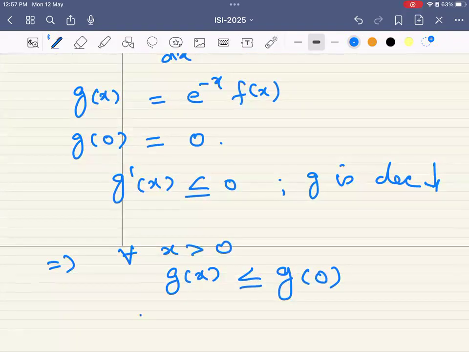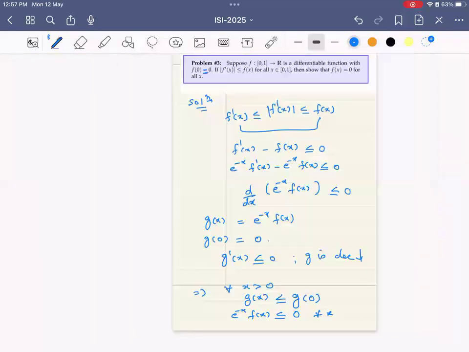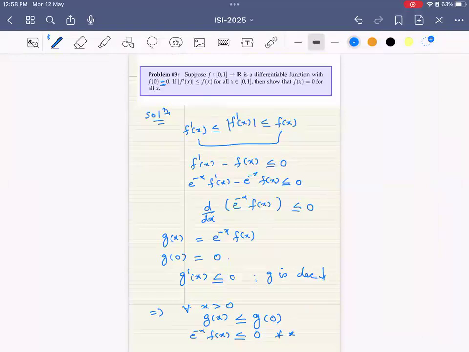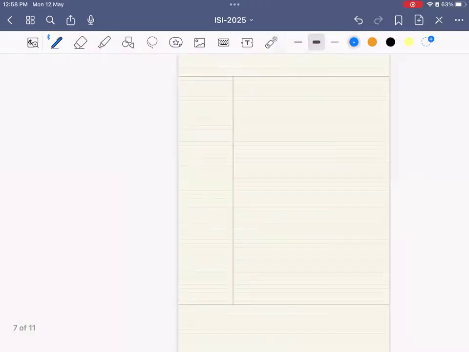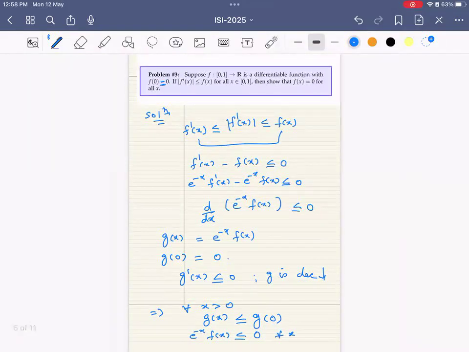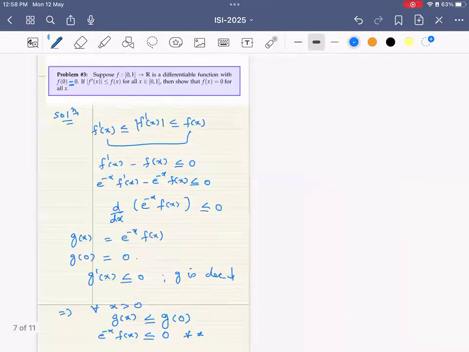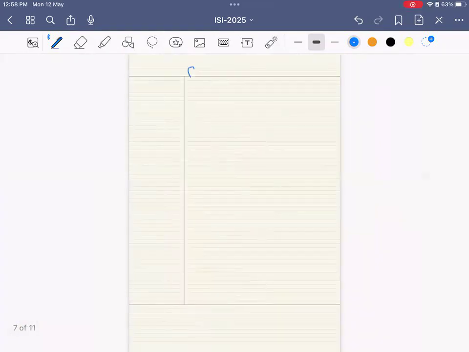That tells you that e to the power minus x into f of x is less than or equal to g of 0, and g of 0 is 0. Since e to the power minus x is positive, it tells you that f of x is less than or equal to 0 for all x.